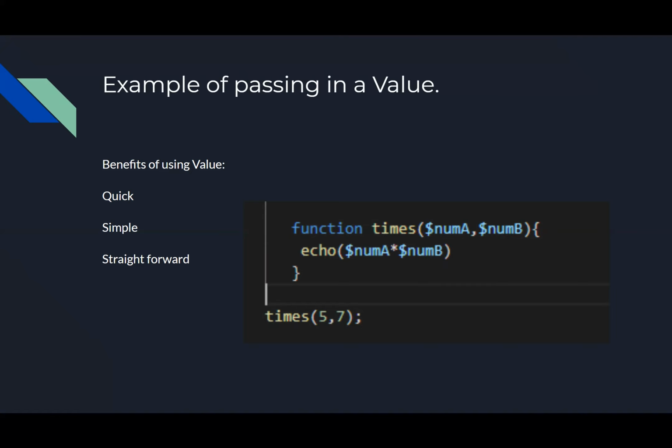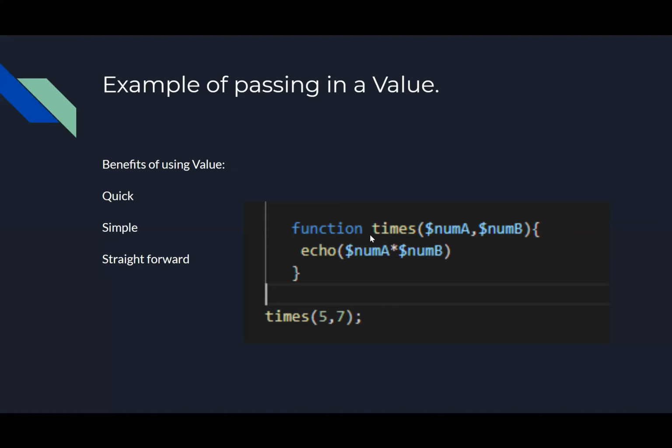That's kind of the why of why people would use passing by value. It's in these situations when you're passing a number or an integer that's pretty quick and simple to multiply or put into an equation. I've done it multiple times, not in PHP, but in C++ in the past.